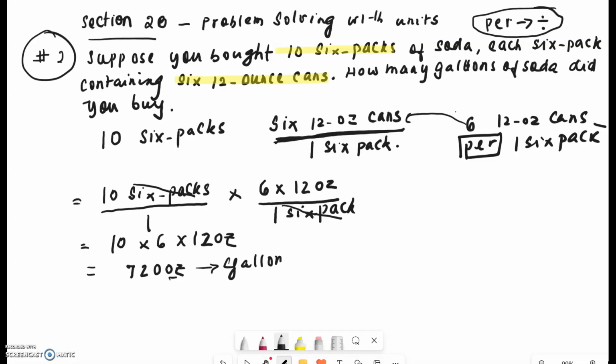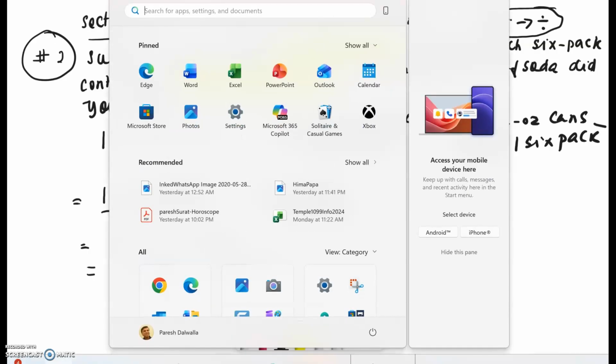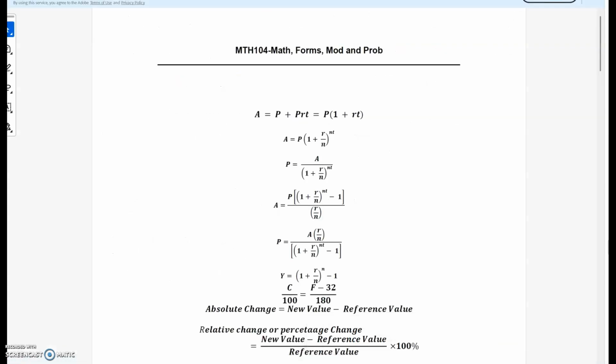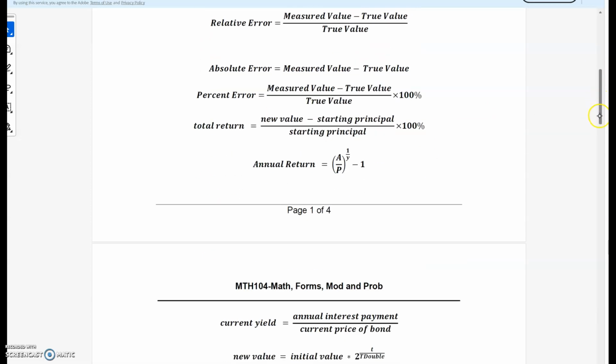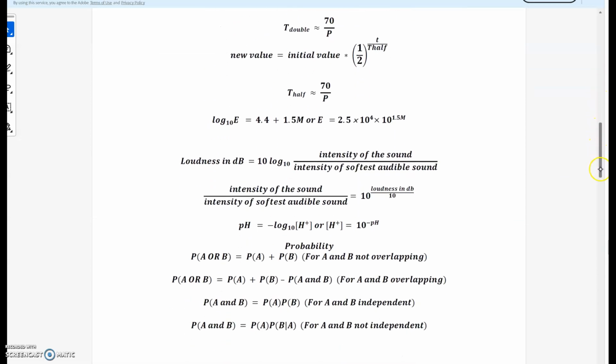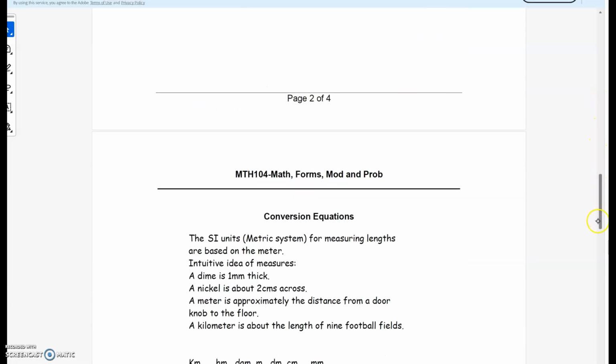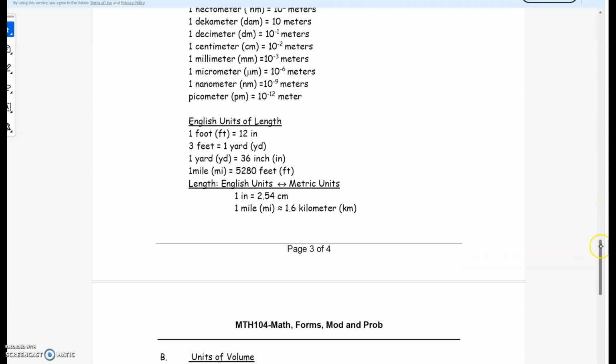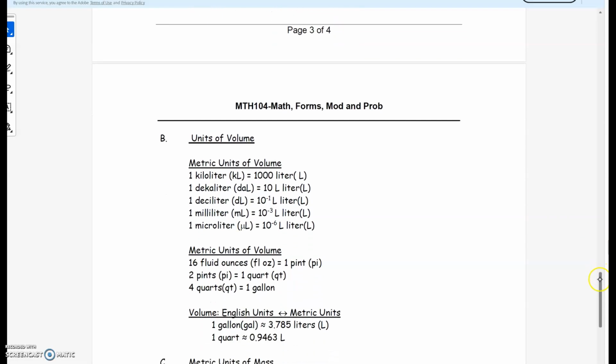Now let's look at the handout, the class handout. Let me pull that up. Let's look for volume. So this is length and volume.